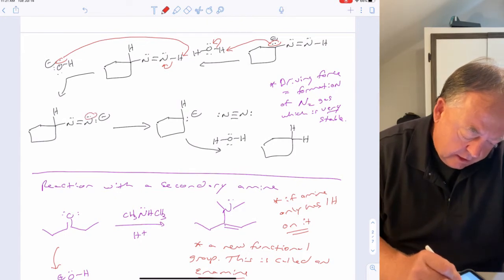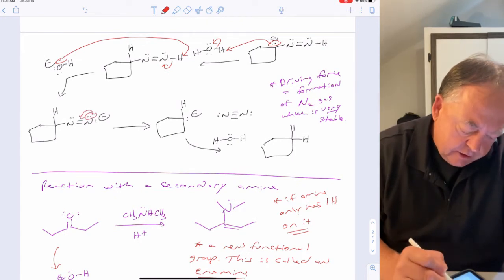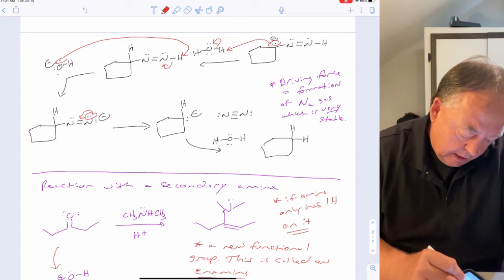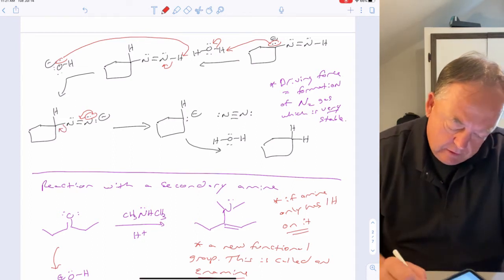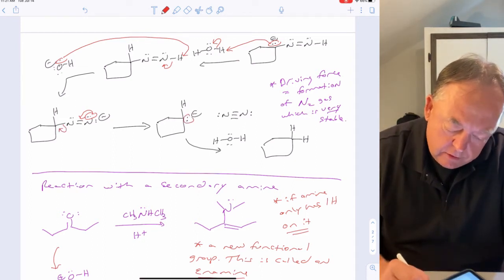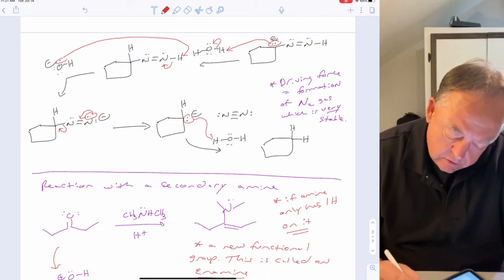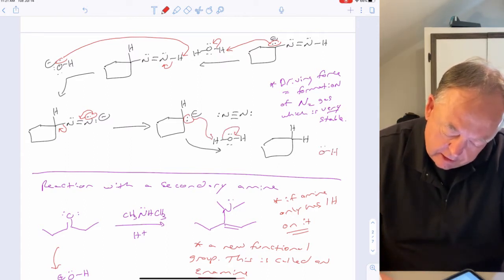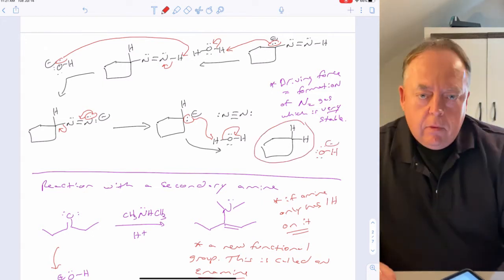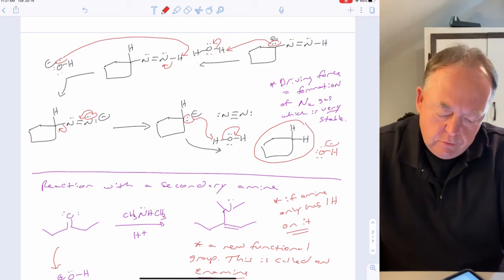And then we're going to take a lone pair on nitrogen, make a nitrogen-nitrogen triple bond, and break this other bond. And then that lone pair on carbon picks up a hydrogen from water, and we made hydroxide again. But now you reduce the C double bond O all the way down to a CH2.